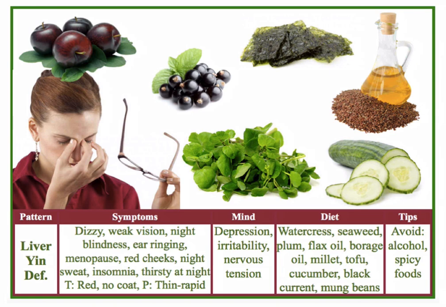So dizziness is more of a liver issue, weak vision, night blindness. That comes from a blood deficiency. Often if there's liver blood deficiency, it may eventually lead, not always, to liver yin deficiency. The ear ringing, the tinnitus, can usually be constant and low pitch.